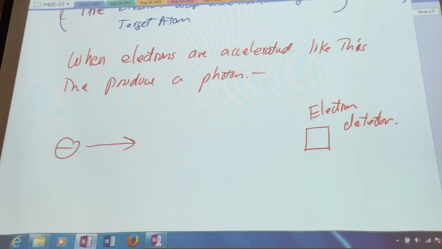Okay, what happens when we put a piece of metal foil in front of the electron detector? It's blocking electrons? Yeah, it blocks some of the electrons. Some electrons still get through, a few still get through.